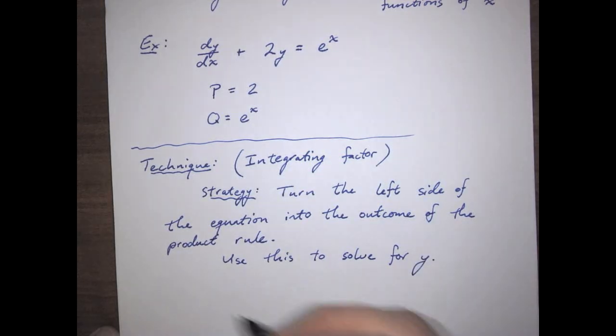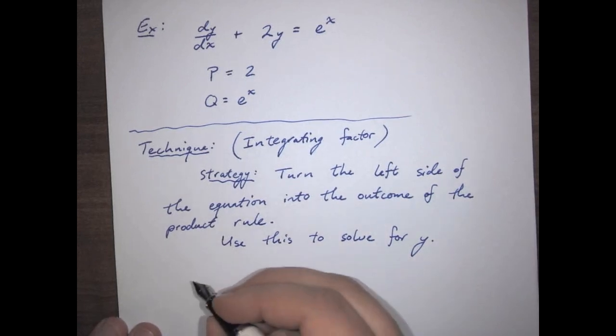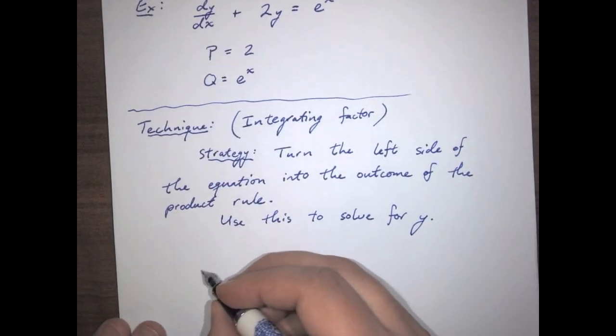The stepping stone we need in order to go from what we have here to the product rule is the integrating factor, which we'll call rho.